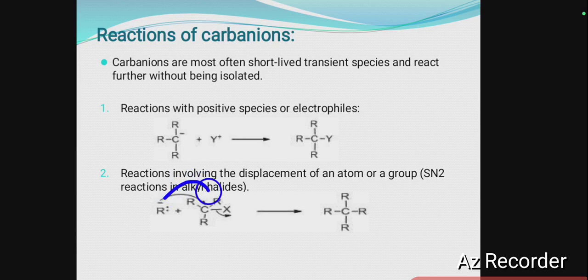This R minus will attack the central carbon atom of the alkyl halide and the halide ion, that is X minus, is eliminated, and we will get the hydrocarbons. This is the SN2 reaction, meaning bimolecular nucleophilic substitution reaction.